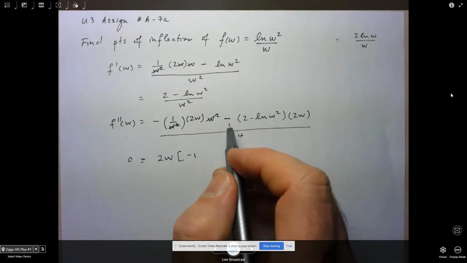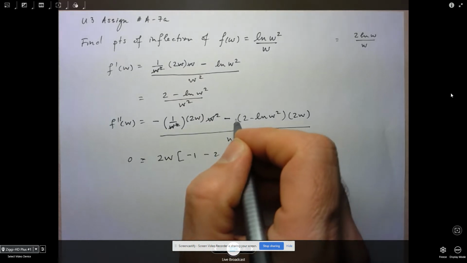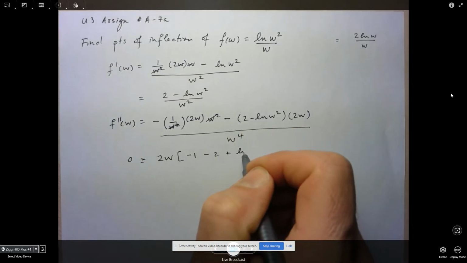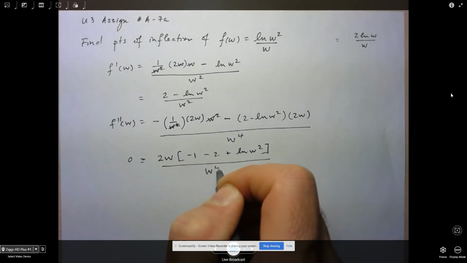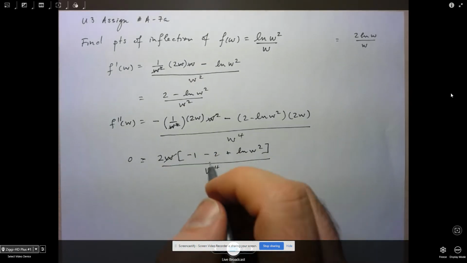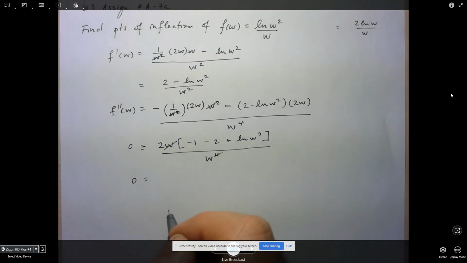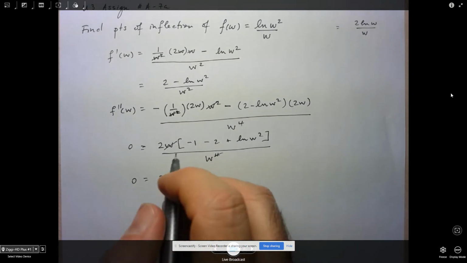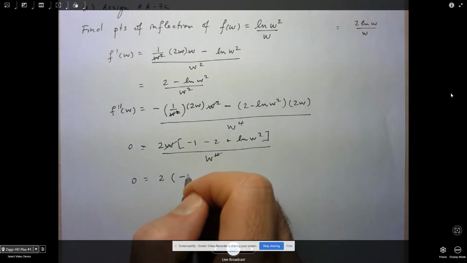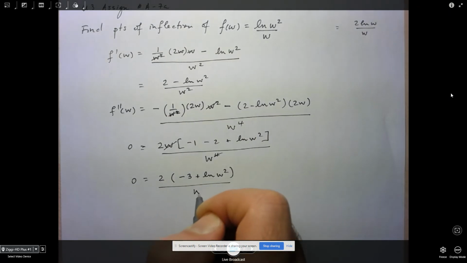And then here I'm just left with minus 2 and then plus ln w squared. Okay, and now I can reduce this w with one of the w's in the denominator. So I'm just left with solving 0 equals 2 times negative 3 plus ln w squared, all over w cubed.